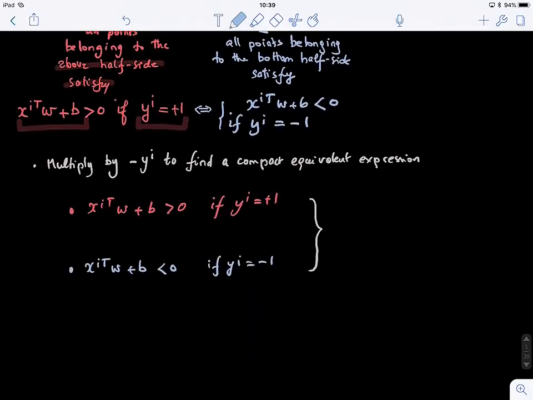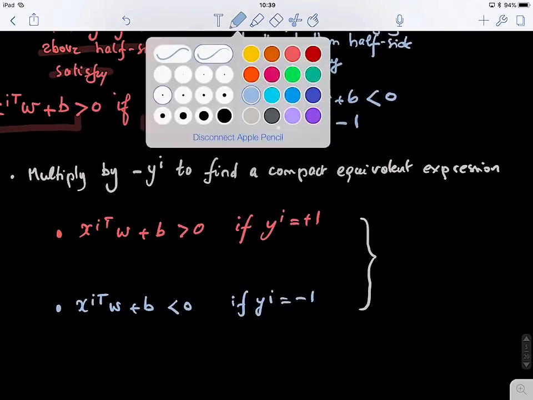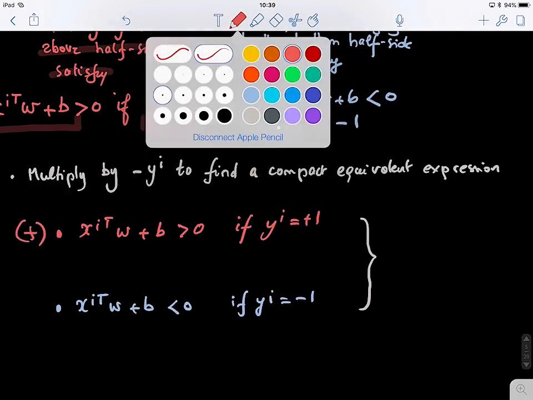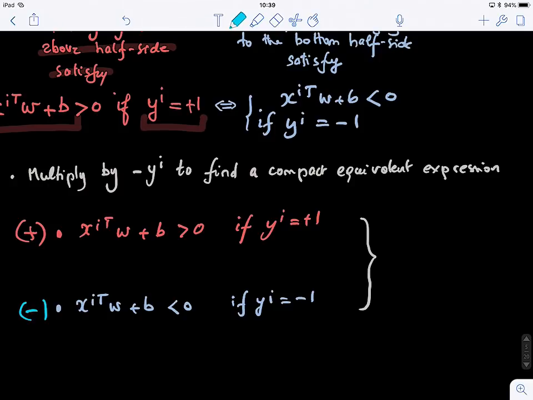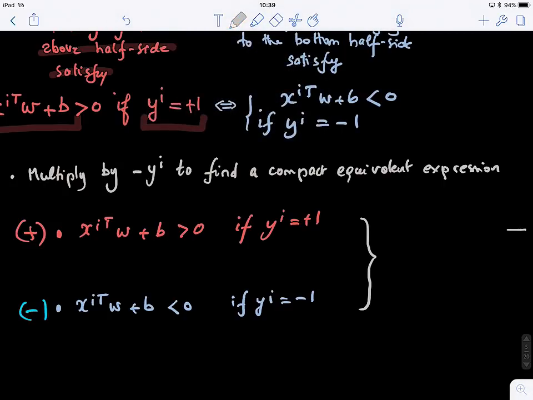How do we do that? This is the first condition for the positive class, and this is the negative class. If we multiply by the negative of the label of each class, we will find a single inequality that will help us define our loss function to minimize.